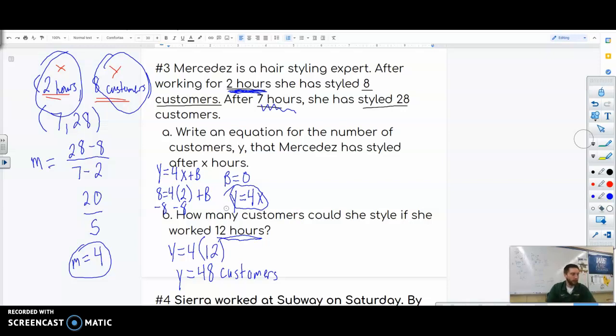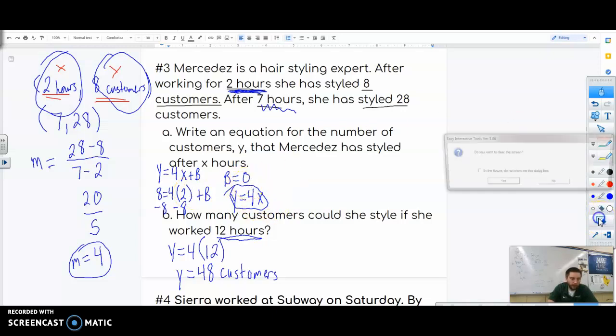Okay, so a couple key takeaways here. Key takeaway number 1, if you are given 2 ordered pairs, 2 hours, 8 customers, 7 hours, 28 customers, here's my strategy. Find your ordered pairs, use your slope formula, y2 minus y1 over x2 minus x1, plug in a point to find b, and then put it all together.